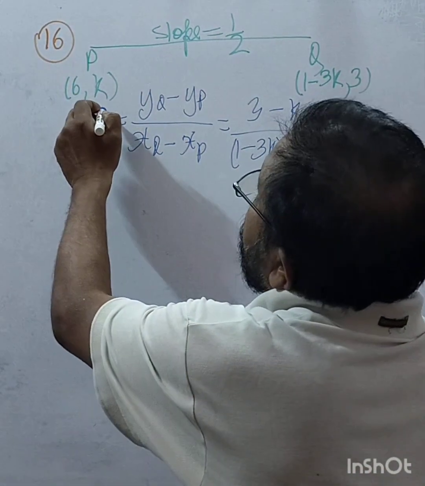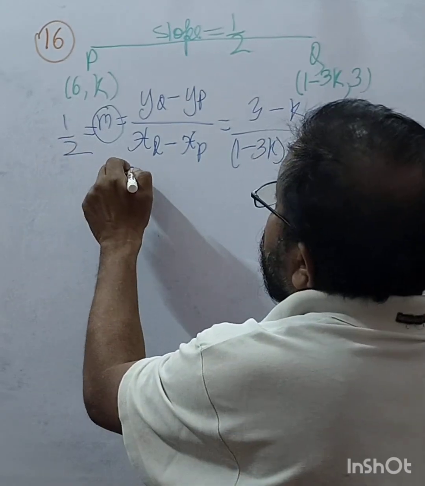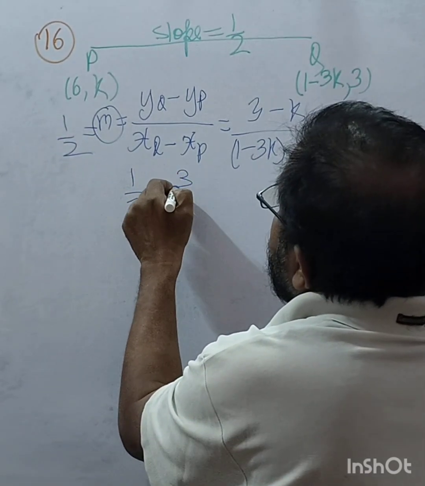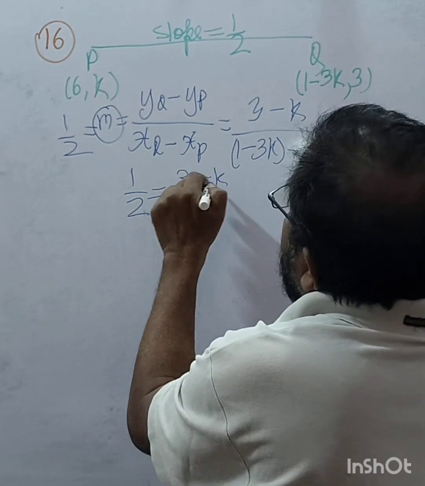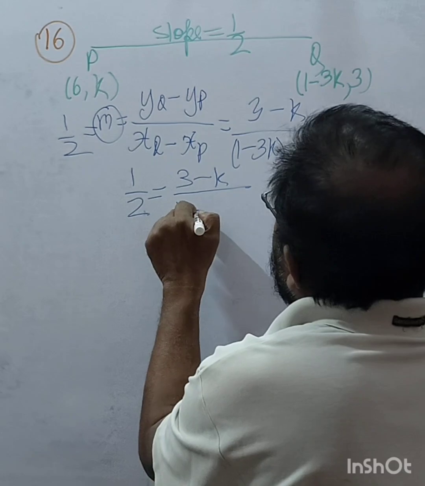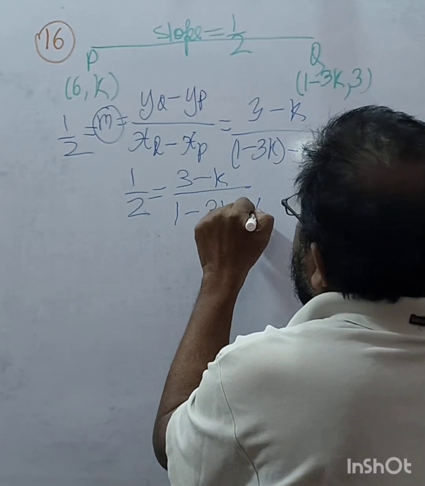So as M is given as 1/2, so 1/2 is equal to (3 minus K) upon (1 minus 3K minus 6).